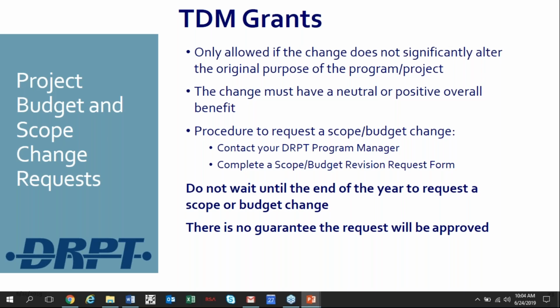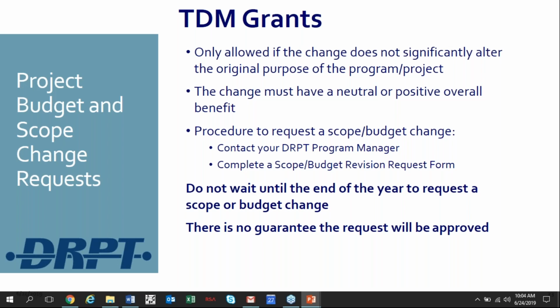Chris, is there a hard number that's going to trigger this process? I don't know if we explicitly state it. So, Dave, are you asking for the TDM grants? Yeah. So for line item budget changes, typically, exactly.